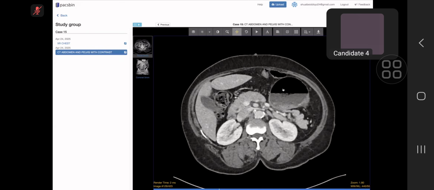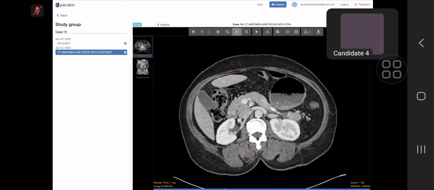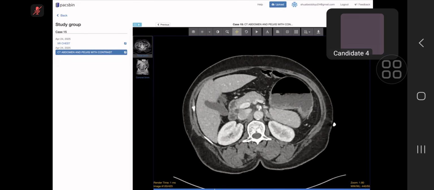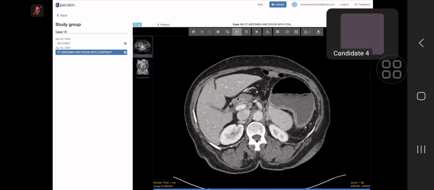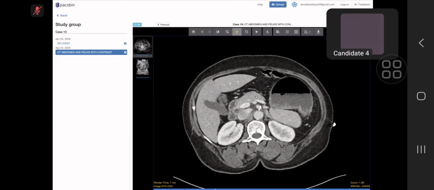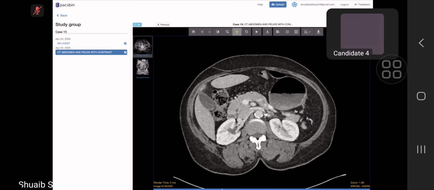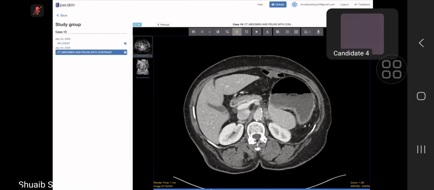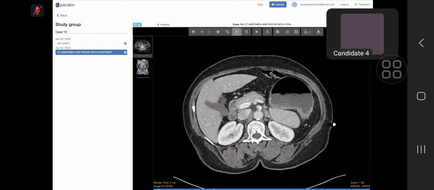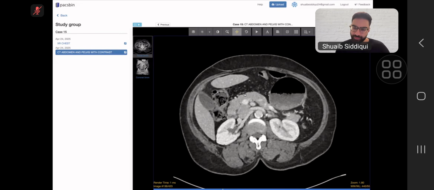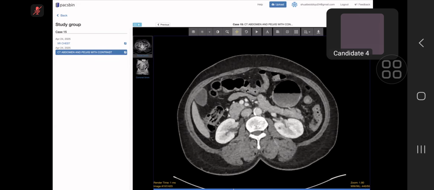I can appreciate that there is a well-defined lesion noted just adjacent to the stomach. I'm trying to trace its epicenter. Where do you see the lesion? One second.